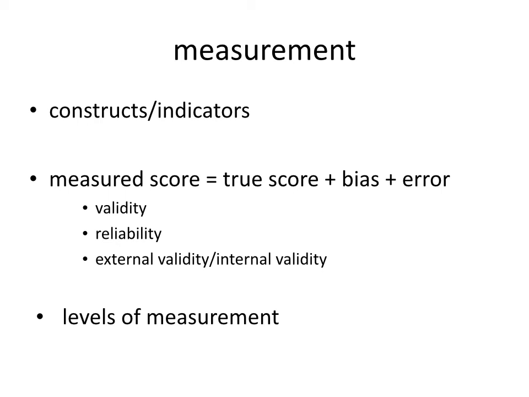But there are other indicators of constructs that aren't in such good agreement. For example, the number of inches tall I am might be used as an indicator of what I weigh. And most of us would agree that that's not a very good indicator.